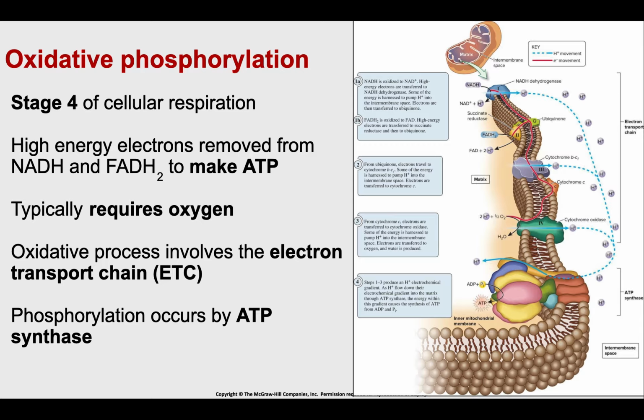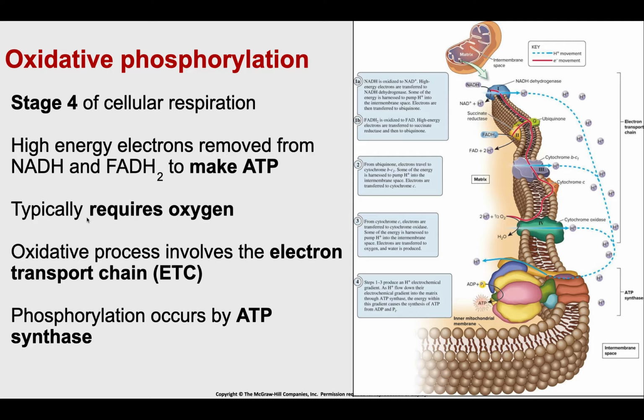All right, so that's stage 4, the last stage in cellular respiration. So we have our high energy electrons removed from our electron carriers, NADH and FADH2, to make ATP. That's the ultimate result of this final step. Now this final step requires oxygen. That's the reason we breathe in oxygen, is to have the oxygen for this final step as the final electron acceptor.